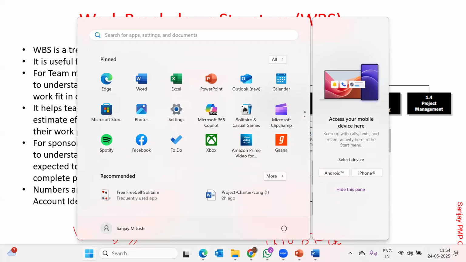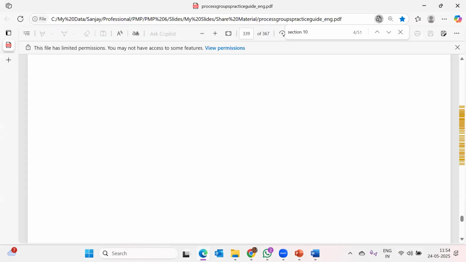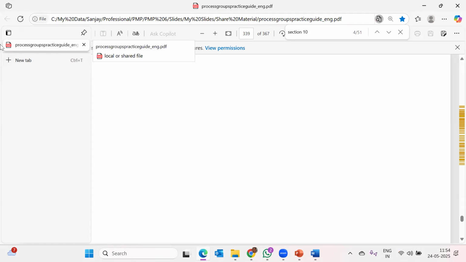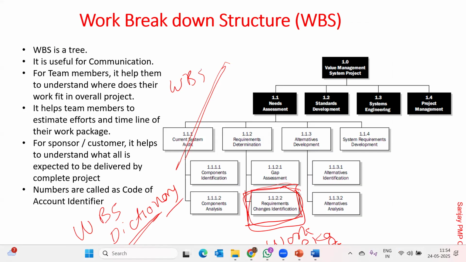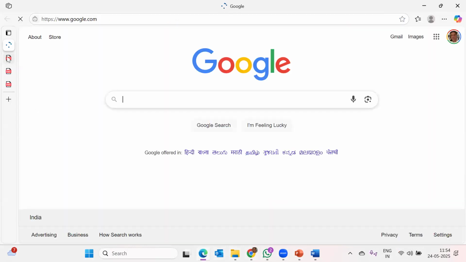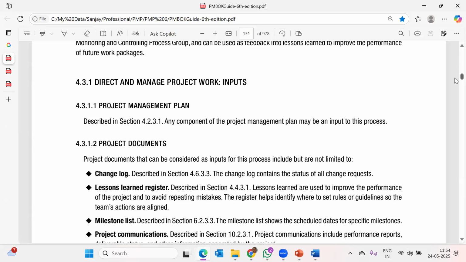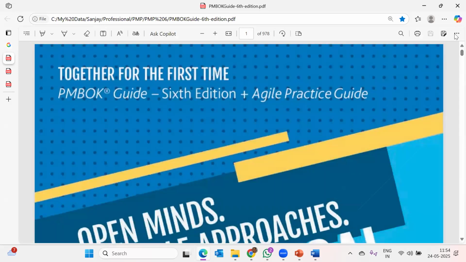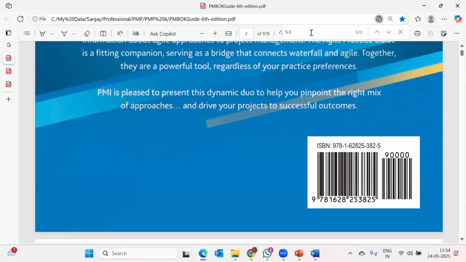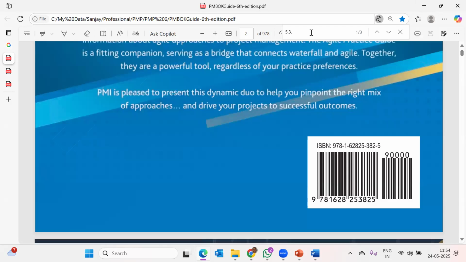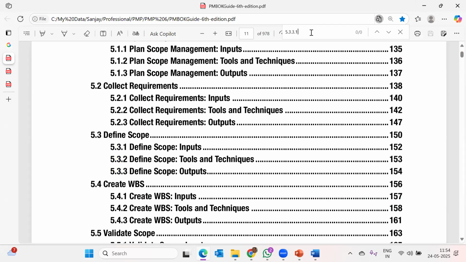Now, if you look at it here, I didn't open the PMBOK today, so let me do that. And this output we'll see. They have very clearly shown it. Now control F, we are in Create WBS, 5.3, output 3.1.